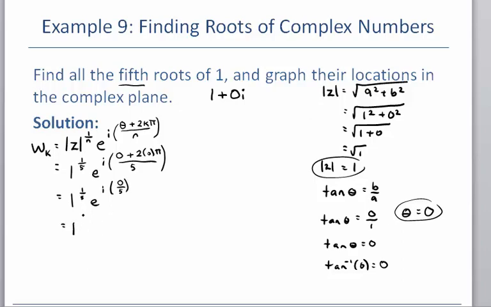All right, so I have 1 to the 1 over 5 times e, and this fraction simplifies to 0, and 0 times i is also 0. And so we know that anything raised to the 0 power is 1. So I have 1 to the 1/5 times 1. 1 to the 1/5 is just 1. So our first fifth root is going to equal 1.